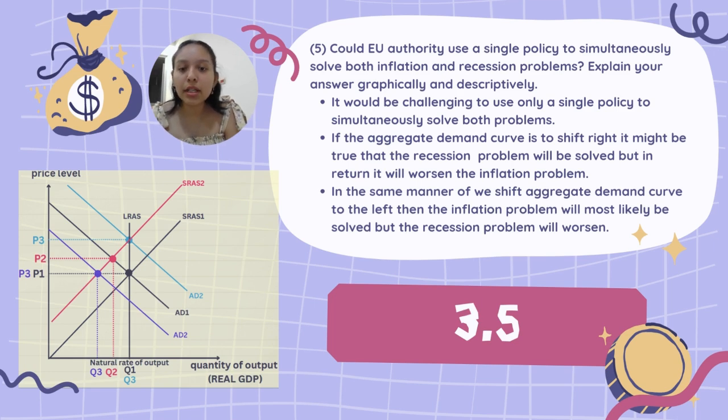It will reduce the price, but it will also decrease the output. So the output will change from Q1, where originally it was, and now it will be at Q3. So it will reduce the output way more than it should be. So no, there is not one single policy.